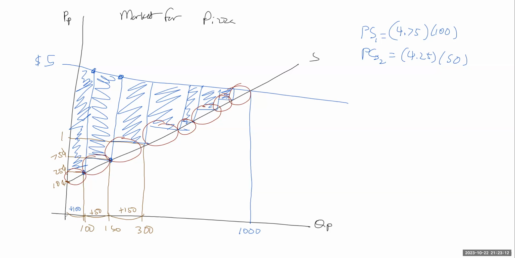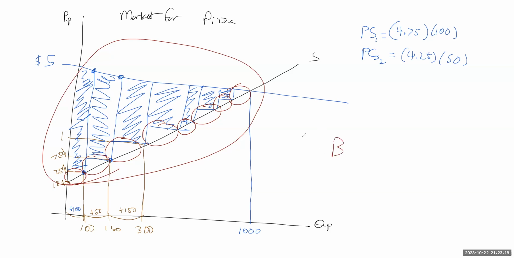If that is allowed, producer surplus becomes the area of this triangle. Again, producer surplus is equal to 1/2 base times height. 1/2 base is 1,000 times height, which is $5 minus 10 cents, or $4.90.